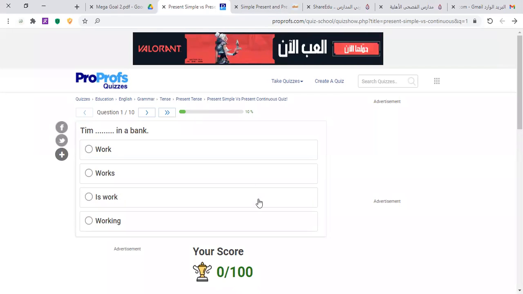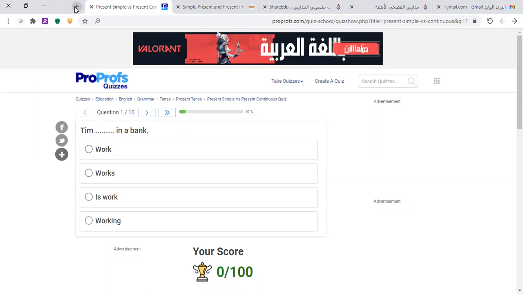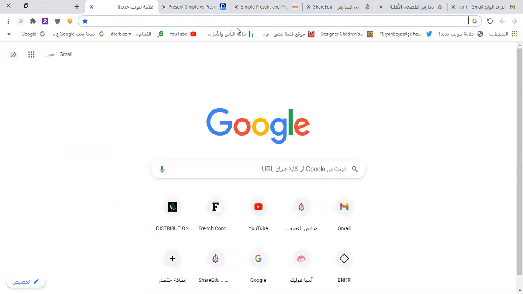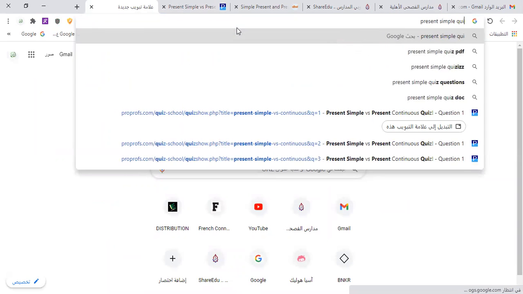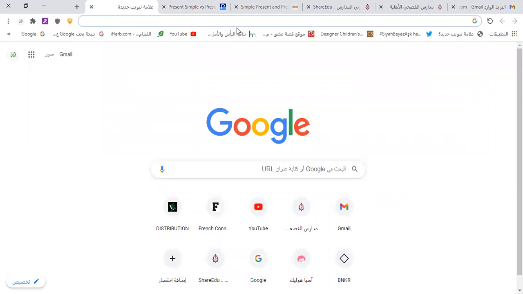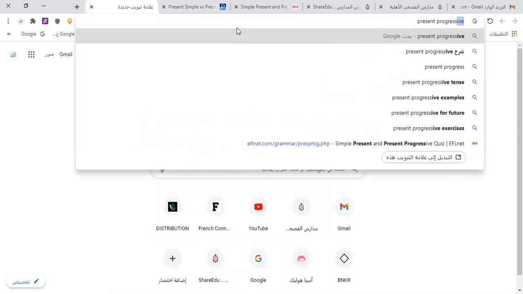By the way, anytime you study grammar, any grammar that you have studied, but you don't know if you can answer some questions about it, immediately take your phone or your laptop and just write: present simple quiz. Or if I'm not sure that I'm very good in present progressive, I would say present progressive quiz. If you're not sure that you understand the grammar or anything.